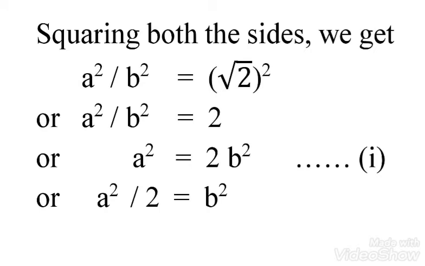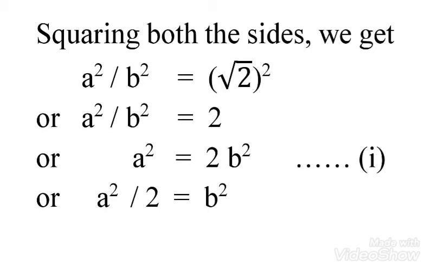Now, a upon b is equal to root 2. Squaring both the sides, we get a square upon b square is equal to root 2 whole square, or a square upon b square is equal to 2, or a square is equal to 2b square, or a square upon 2 is equal to b square. Are you following it?